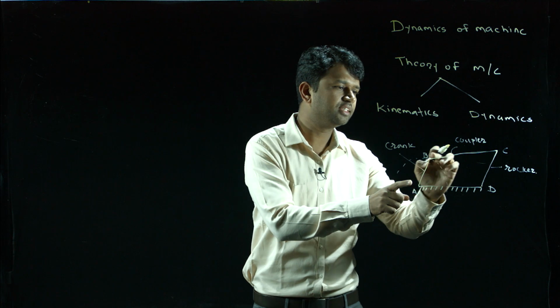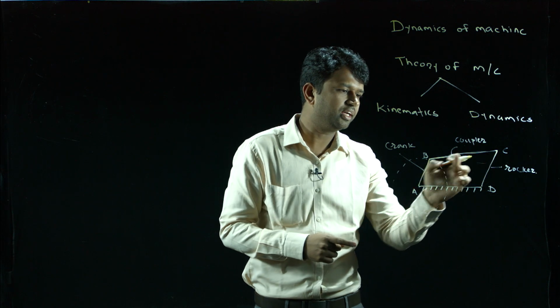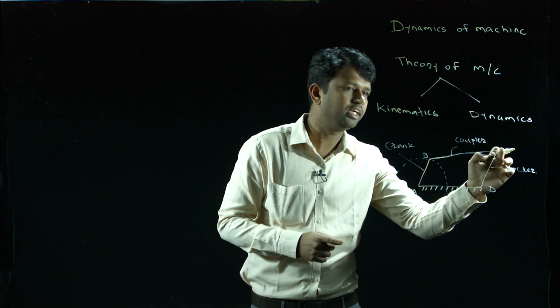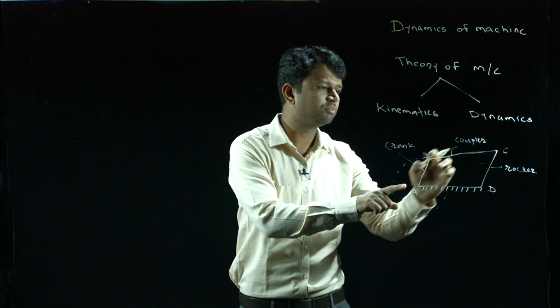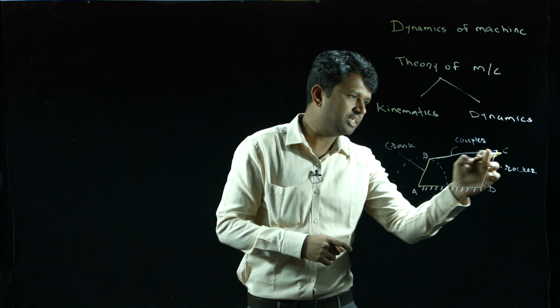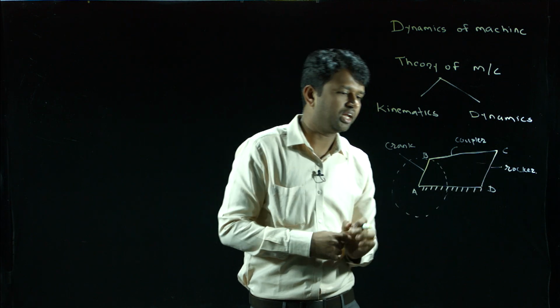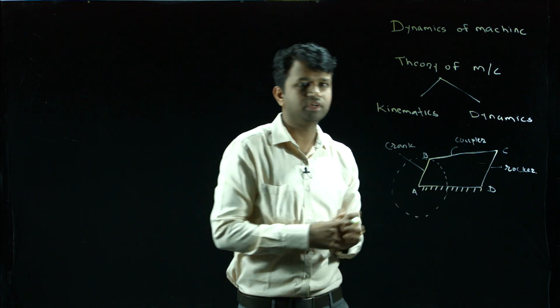Now when you connect these links, you will get a kinematic pair. Now link AB is connected with link BC. So this forms a kinematic pair. Link BC is connected with link CD. This is also known as kinematic pair and link AD is your fixed link.